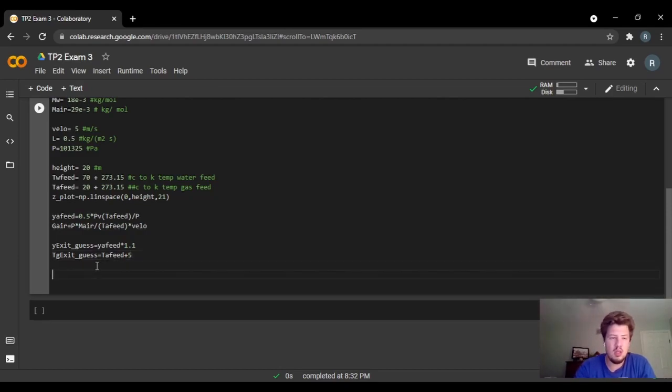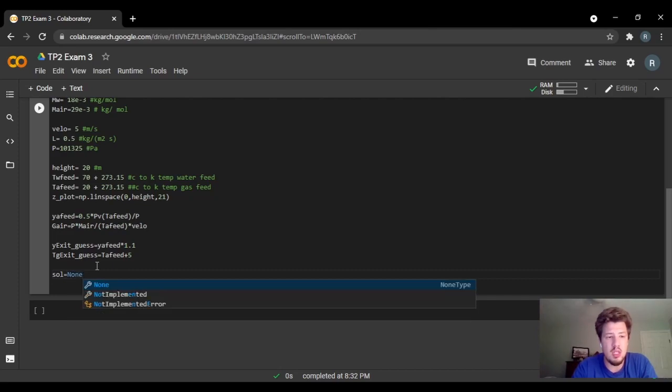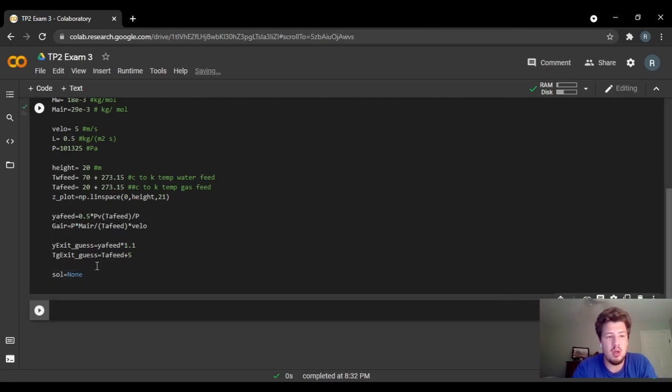Now, later on, we are going to need to utilize a function for the solution, and we need to utilize the None function within Python to create an open space which we can pull from later on. Now we're on to the actual chunk of the video. We're going to be utilizing the derivatives that we solved previously.